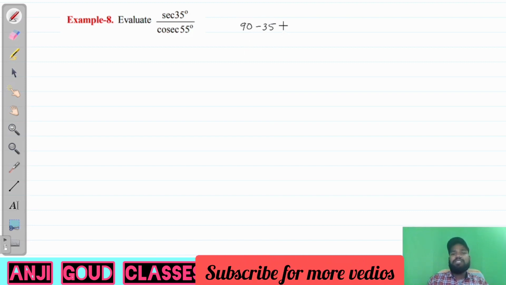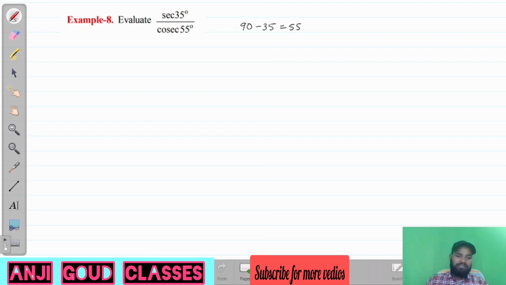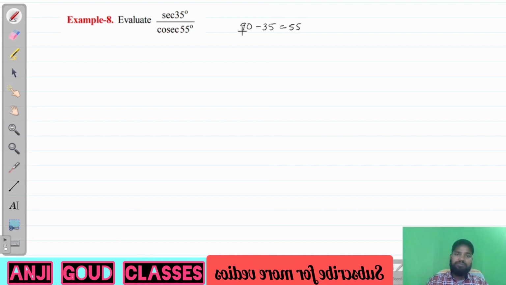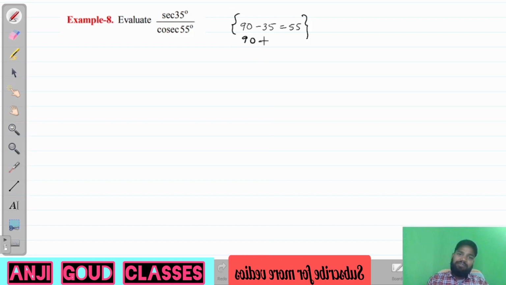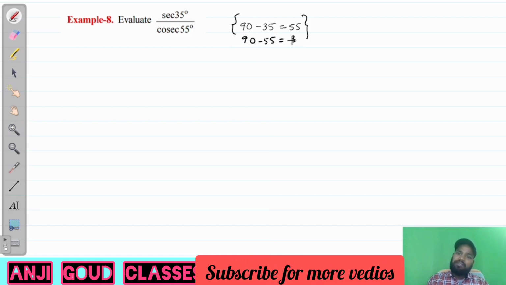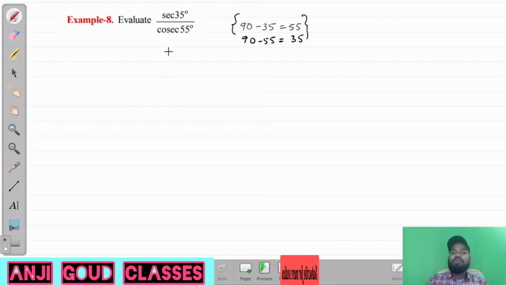What is 90 minus 35? That is 55. Yes or no? Yes. Or you can take 90 minus 55, that is 35. So these are complementary angles. The sum of the angles must equal 90.